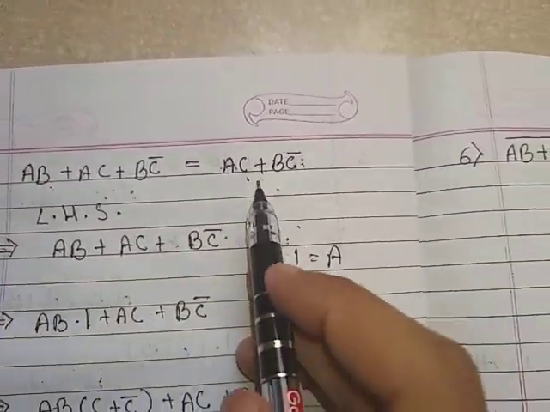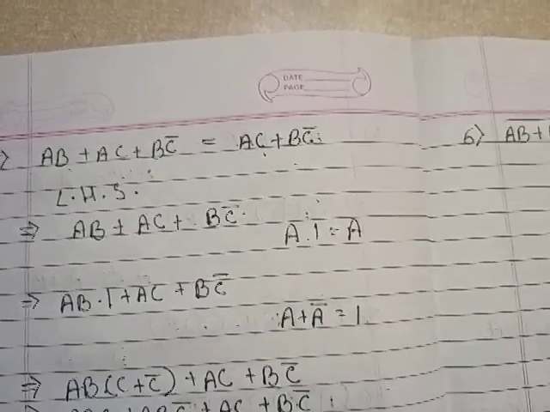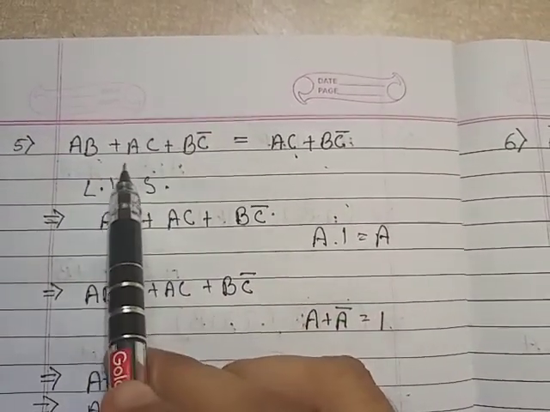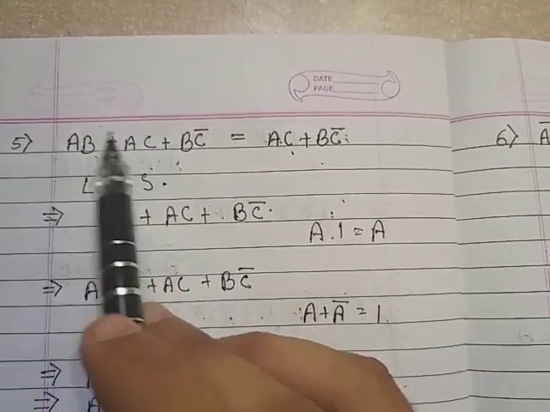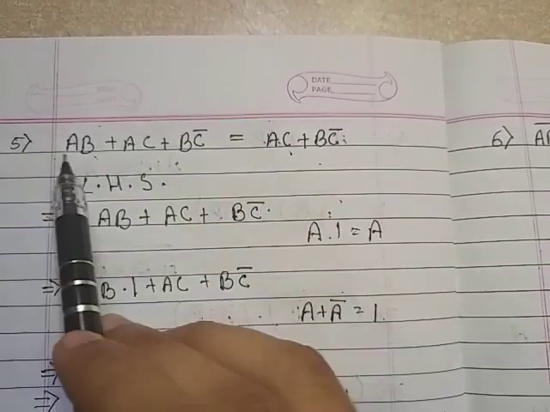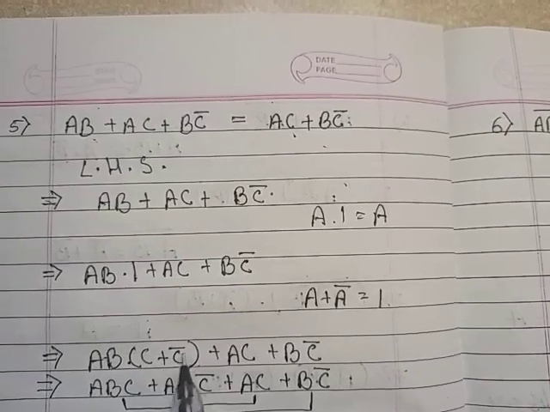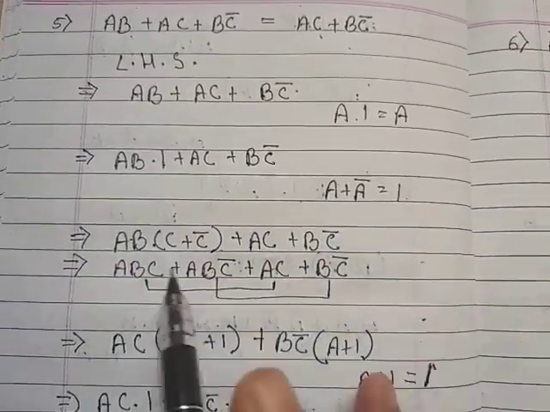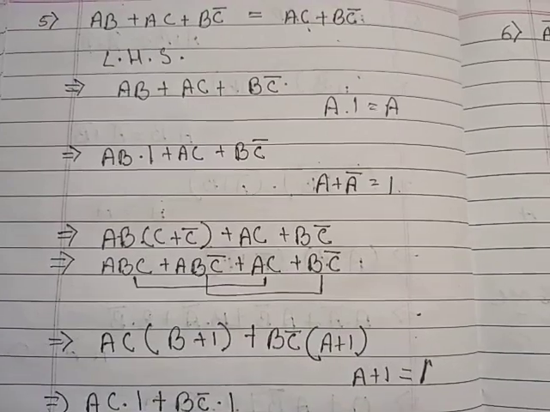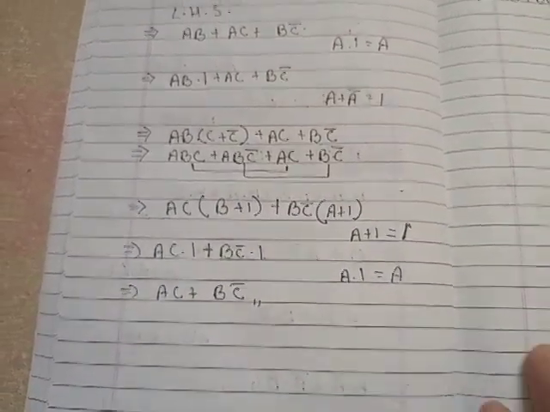That is what we have to prove. Clear? So in such questions, when you have one additional term except in RHS, you have to multiply it by 1, then add that missing term by the A plus A bar formula, and then take the commons. You will get the final answer.